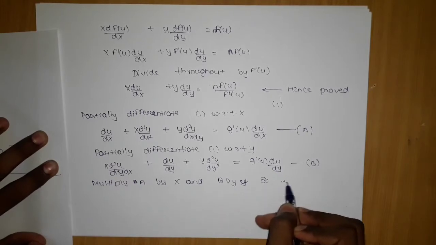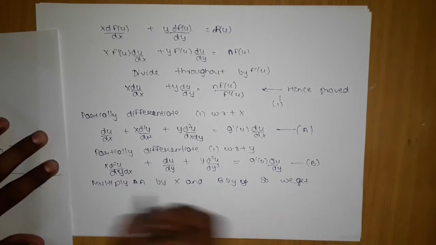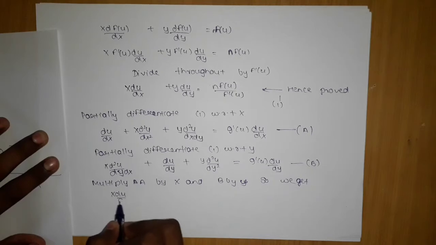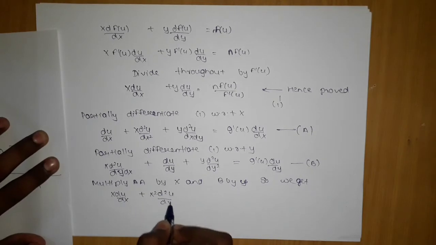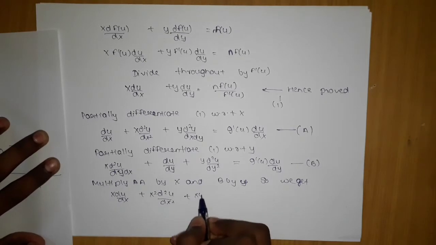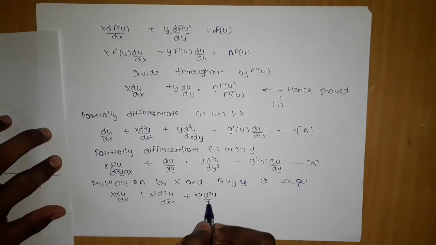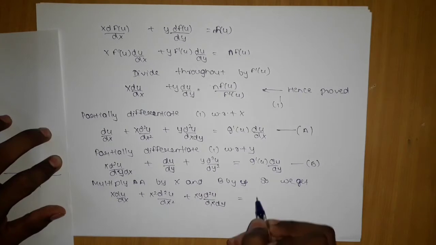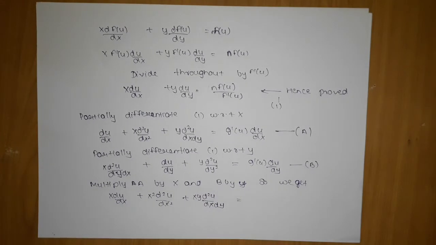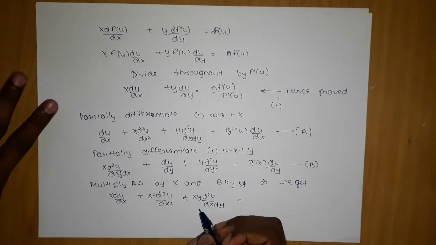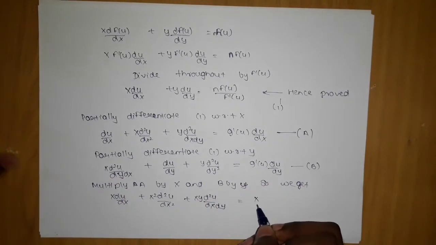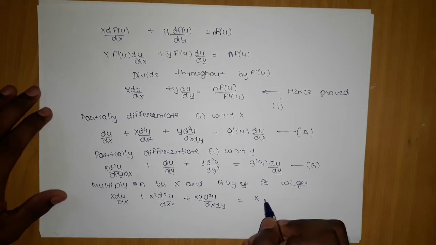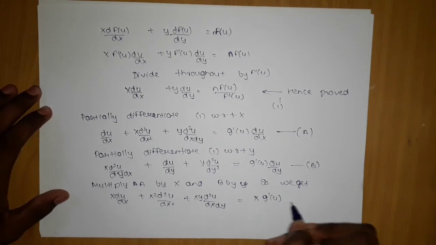So what do we get? We get x ∂u/∂x, x² ∂²u/∂x², xy ∂²u/∂x∂y is equal to, and here further on we will get x g'(u) into ∂u/∂x.